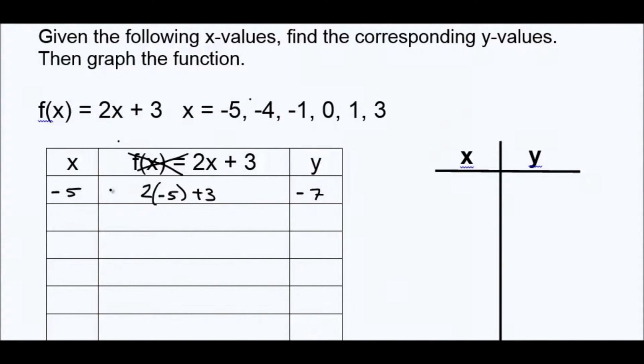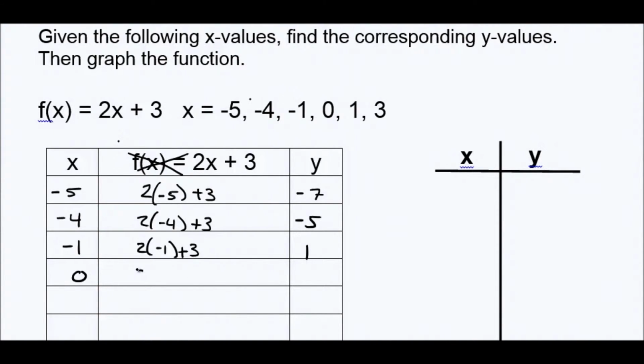Go ahead and do the same thing for each number. What is your y when x is -4? Well, plug it in. 2 times -4 is -8. -8 plus 3 is -5. What about -1? 2 times -1 is -2. -2 plus 3 is just 1.